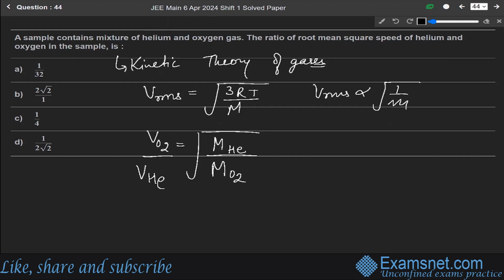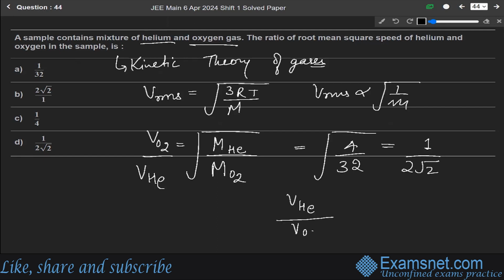So it will become under root of 4 and under root of 32, which is 1 over 2 root 2. We have to find helium over oxygen, so V helium over V oxygen will be equals to 2 root 2 over 1. This is our answer, means option B is the correct answer.